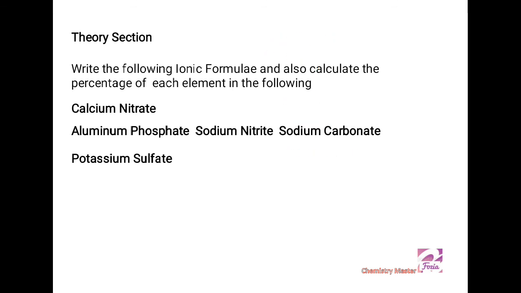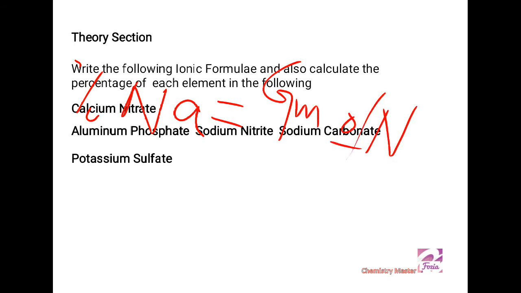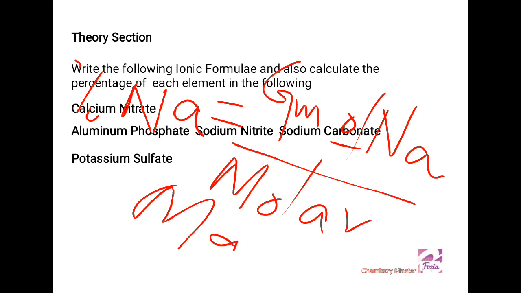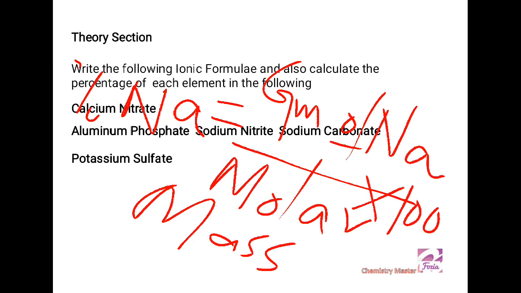So you will find the percentage of sodium by grams of sodium over the molecular or molar mass, in fact, because this is an ionic compound, the molar mass, multiplied by 100. So this is the correct formula for finding the percentage of each element.